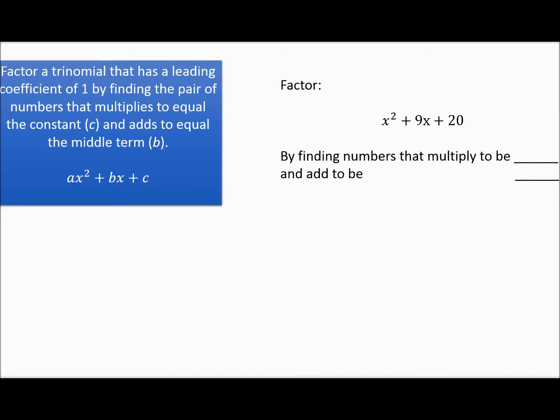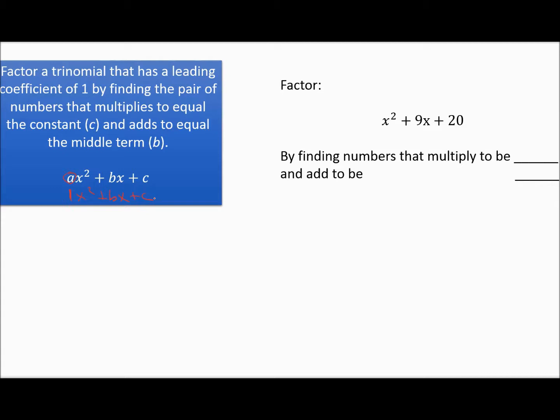In blue, here it is, to factor a trinomial that has a leading coefficient of 1. And so what do I mean by that is, right here, our a value is a 1. Okay? So look at it as 1 x squared plus bx plus c.